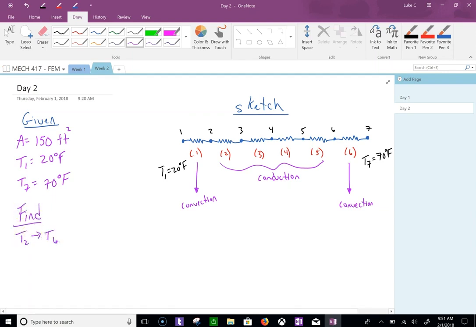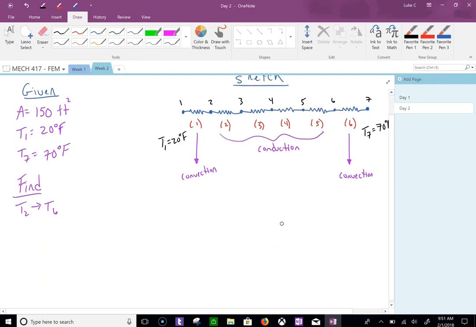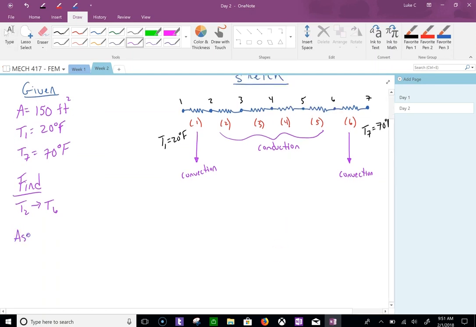So we're going to find the temperatures. What are some assumptions? Yeah, no radiation. We have boundary conditions.